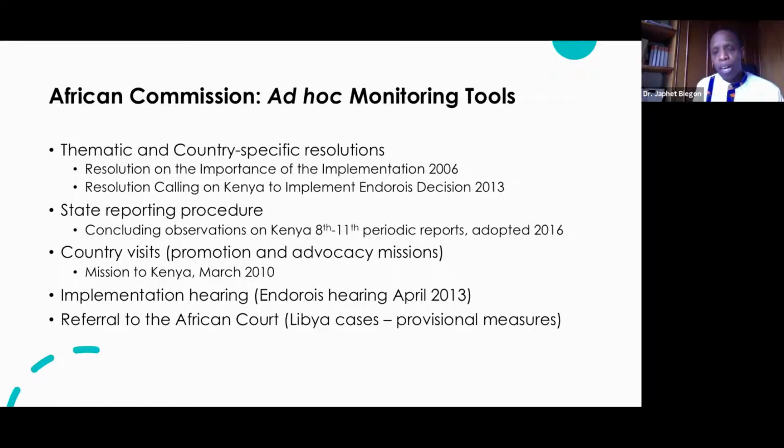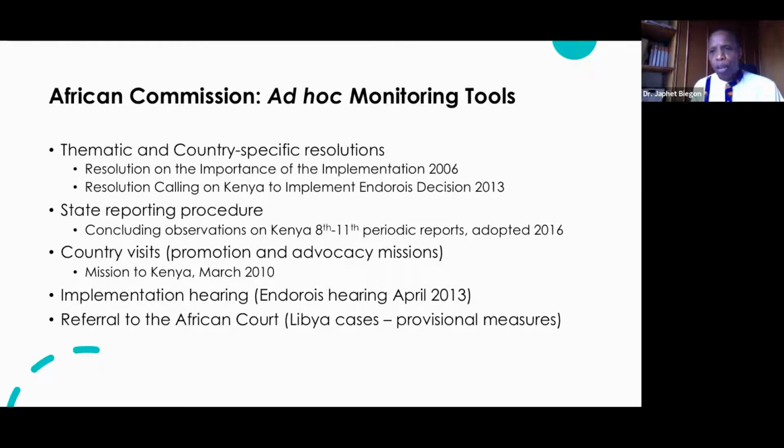We've seen a resolution in 2006 on Eritrea, asking Eritrea to comply with the decision on Article 19 versus Eritrea that concerned 19 individuals who had been detained in that country.